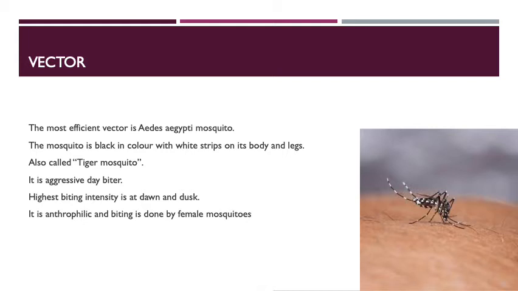The mosquito is black in color with white stripes on body and legs, and because of this, it is also called the tiger mosquito. It is an aggressive day biter, and the highest biting intensity is at dawn and dusk. It is anthropophilic, that is, it feeds on human blood, and biting is done by the female mosquitoes.